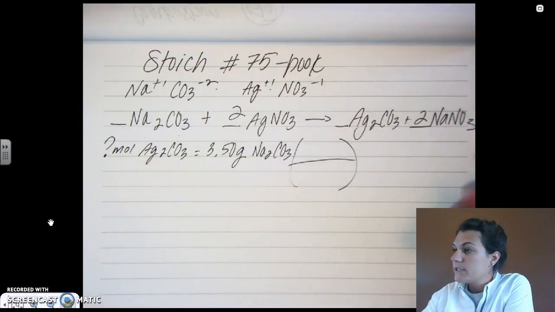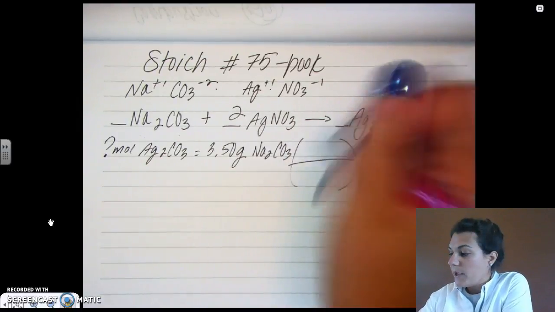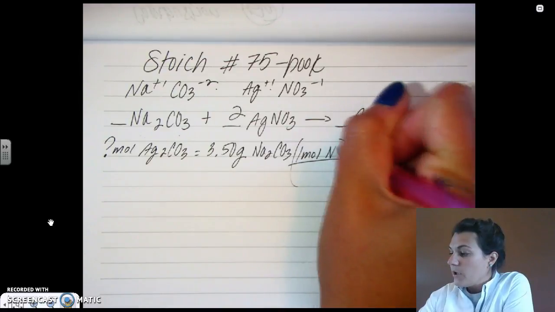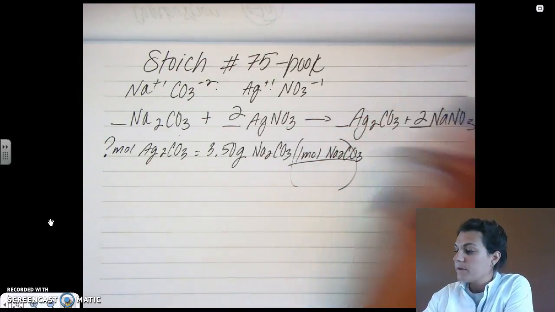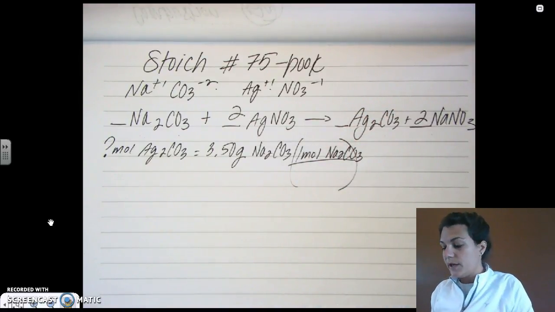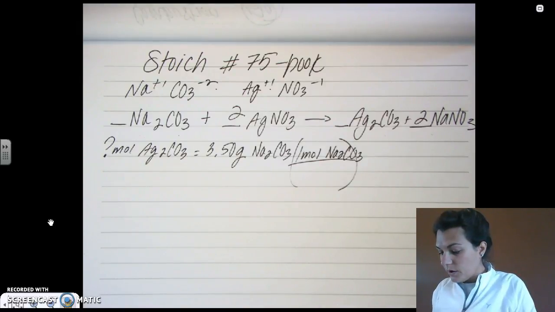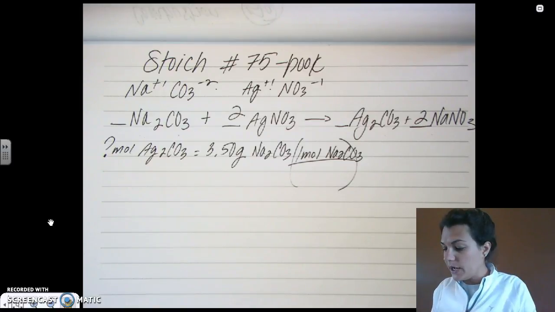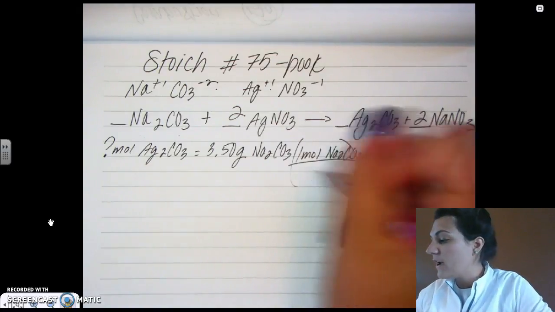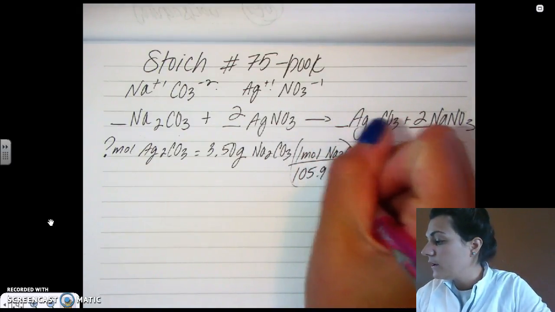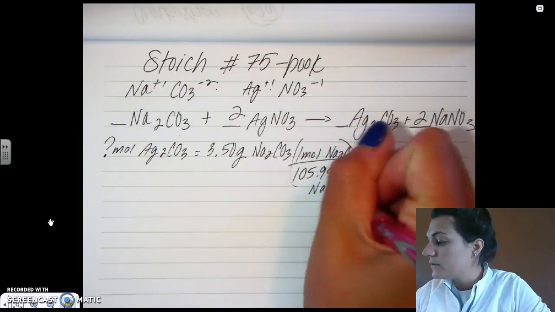Okay, so if I was to calculate this molar mass, so for every 1 mole of sodium carbonate, if I was to calculate all of that, it would be sodium is 22.99, so I'm going to have 22.99 times 2 plus 12.01 plus 16 times 3, and you should get 105.99 grams is its molar mass.